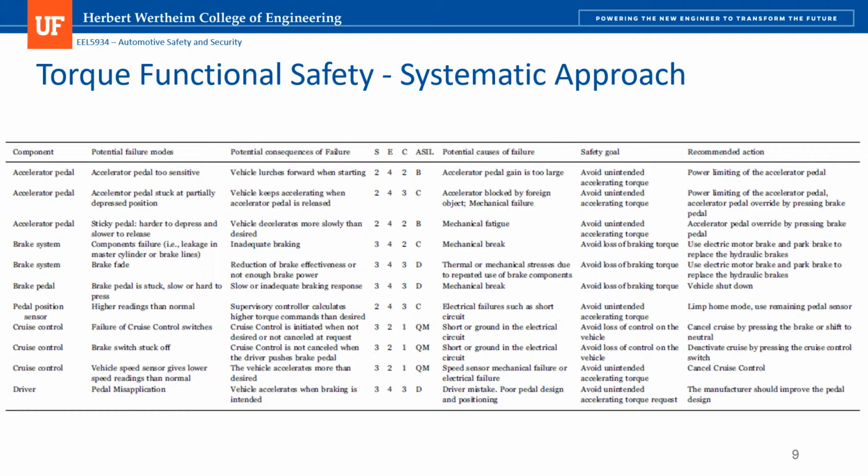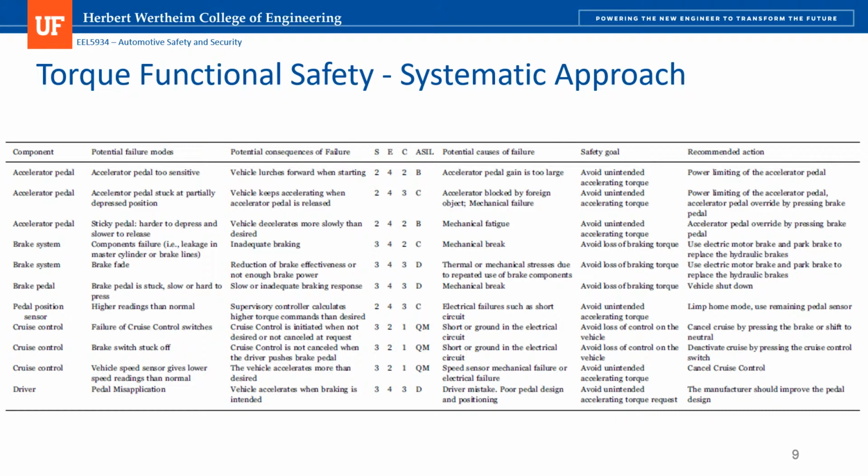The exposure level for this is a 4 because if the accelerator pedal is too sensitive, the probability of encountering this is very high because you need to use the accelerator for driving the car. And the controllability is rated as a level 2 because this is not a totally out of control scenario.